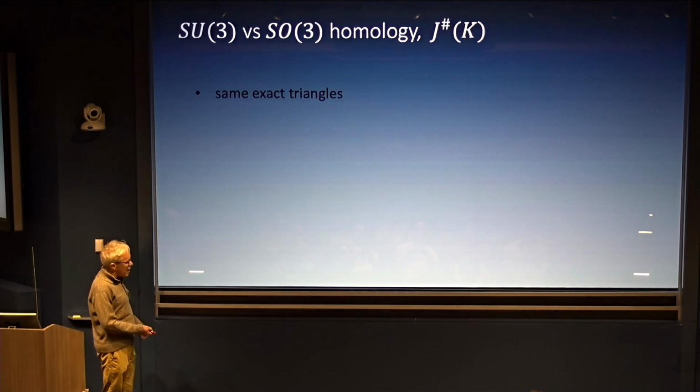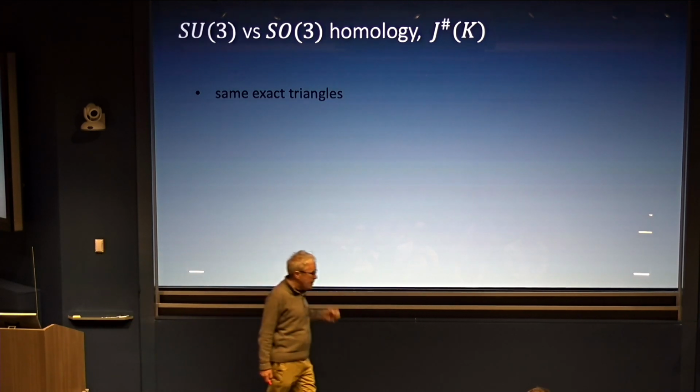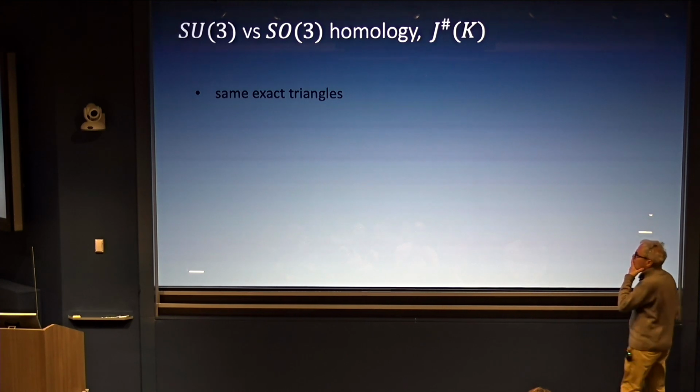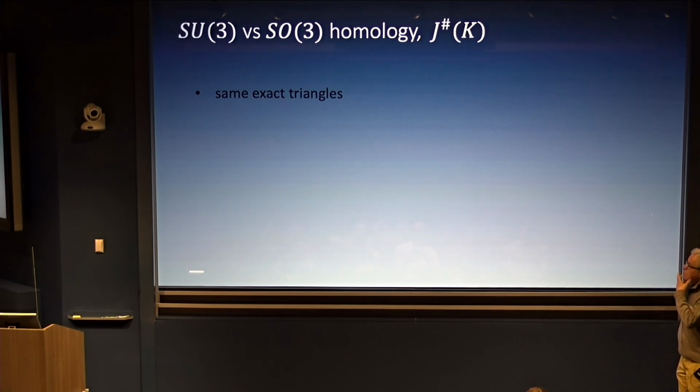How do these compare, the SU3 and the SO3 stories? In some features, they look exactly the same. They satisfy the same exact triangles. In writing down the proof of the exact triangles for SU3 involves some moduli spaces of small dimensions on very simple foams.